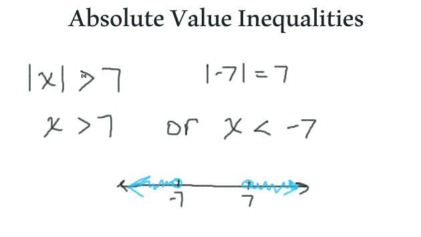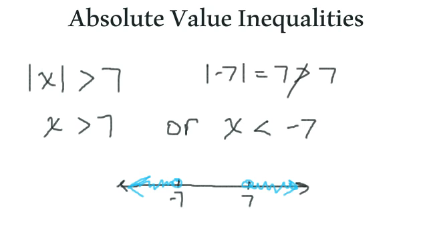But the question is, is 7 greater than 7? And the answer to that is no. 7 is not greater than 7. Okay? If this were an equal sign right here, a line under here, then we could say yes, because 7 does equal 7, but it doesn't. So no, that's not greater than 7.